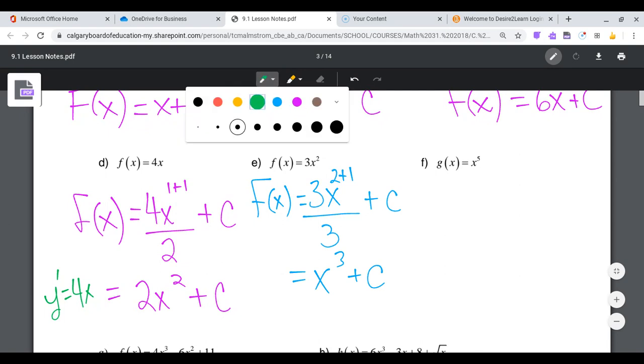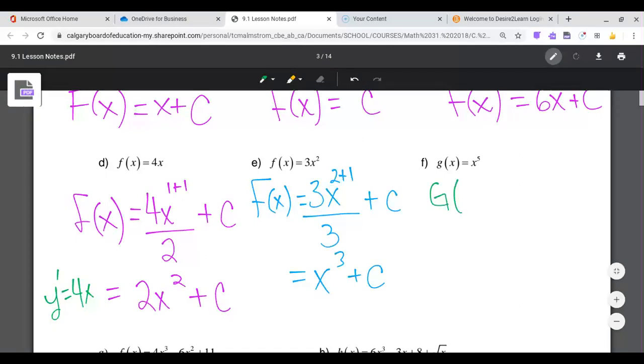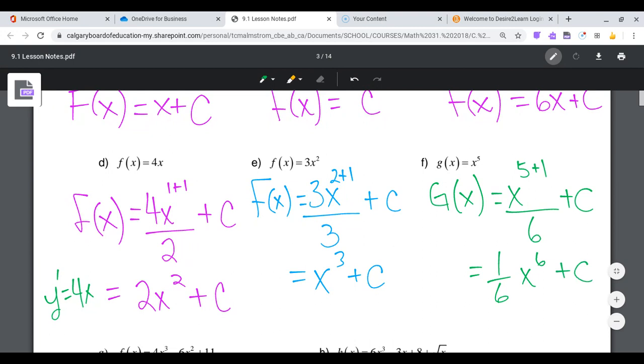So that's easy. Just write a big G. Change the letter up just for fun. So we would add 1 to our exponent, 5 plus 1, divide by that new exponent, add c. So that's equal to 1 sixth x to the 6 plus c for g of x, big G of x.